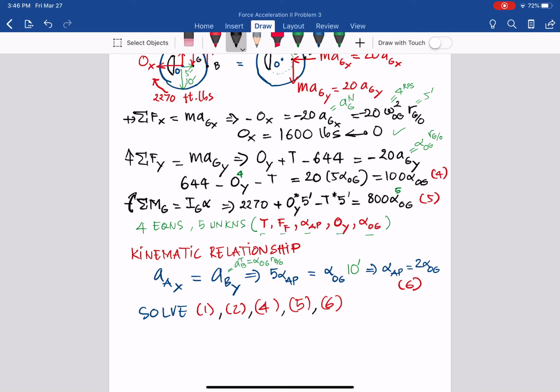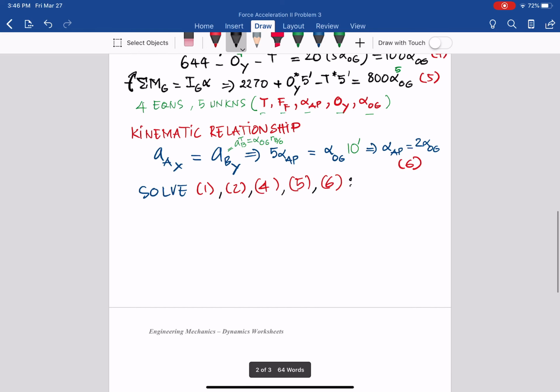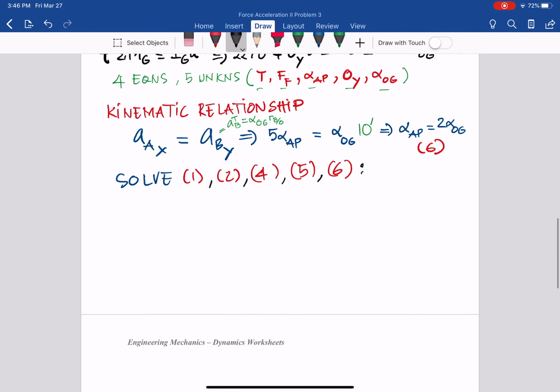So what you will have is T equal to 165.3. So that's the first one, pounds tension.